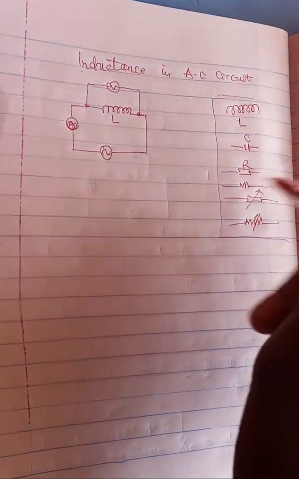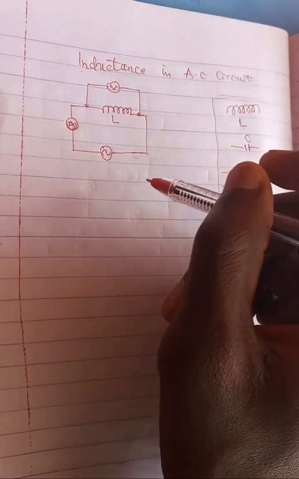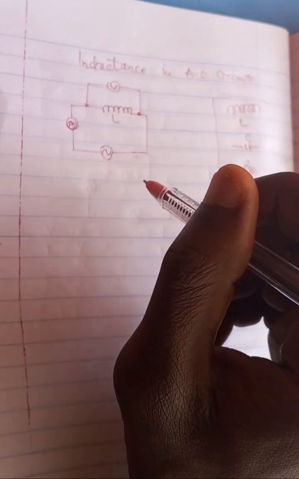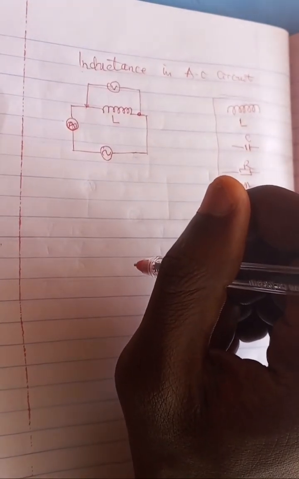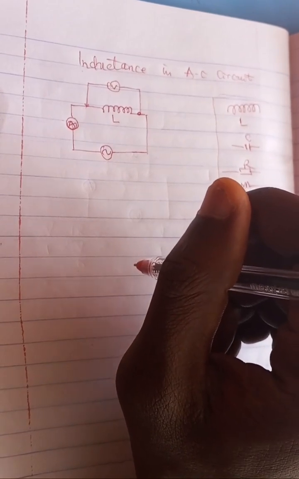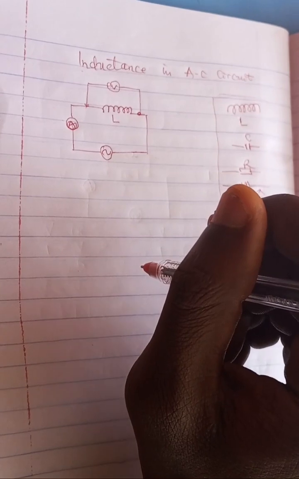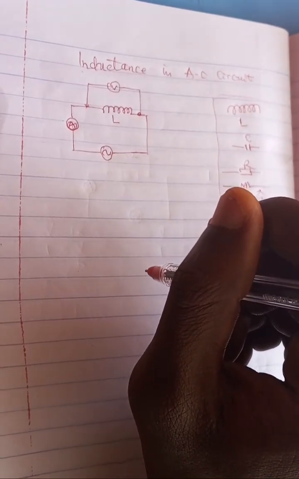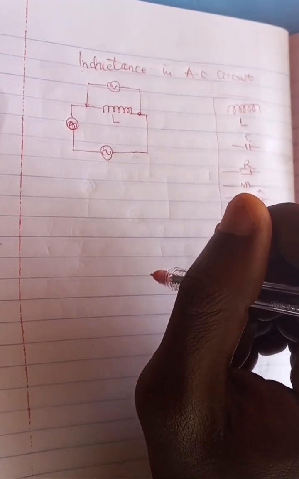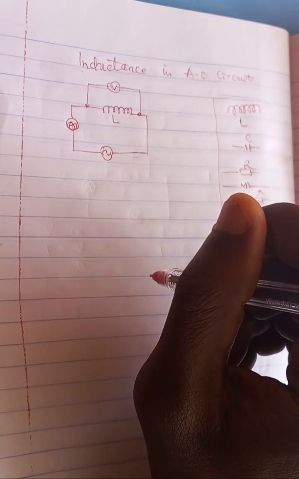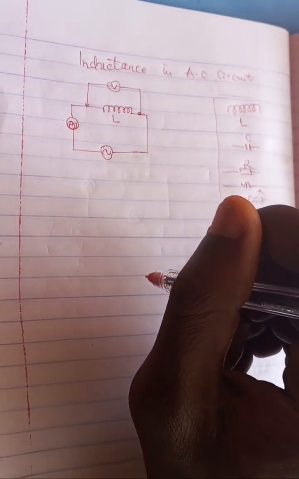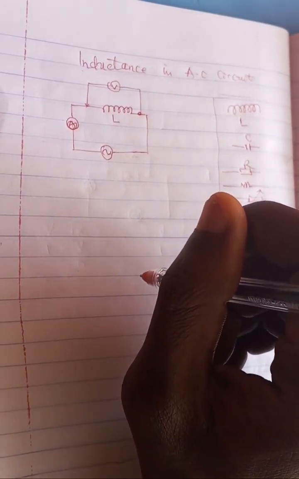So in this case, the current and the voltage are also not in phase. They are not in phase. That is to say, current lags behind voltage. Yes, current lags behind voltage by pi by 2 radians or 90 degrees.